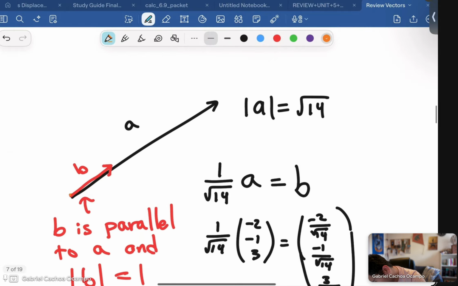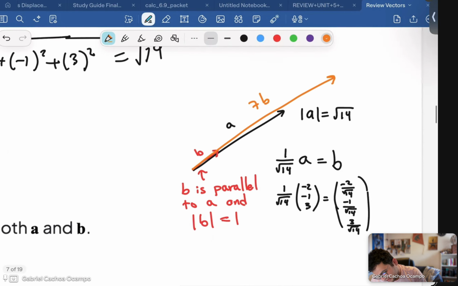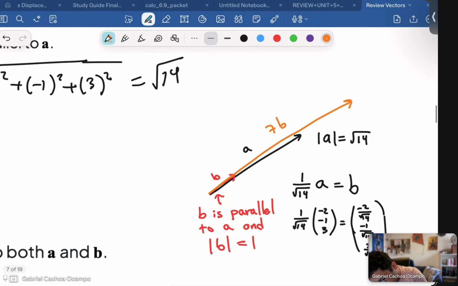Well, I take B and I multiply it by 7. So this is the vector that I am looking for.